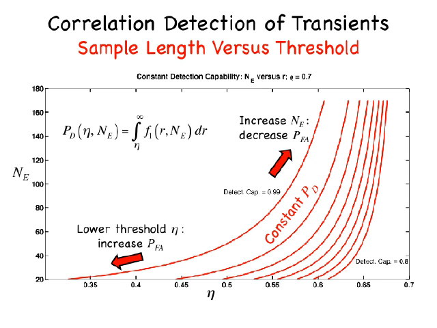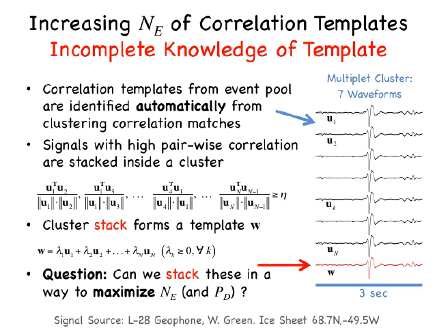The right curves similarly provide points of eta and NE that provide points of reduced detection capability. Moving left to right across each curve decreases the false alarm rates and can be thought of as increasing data length and threshold pairs to maintain detection performance while simultaneously reducing false alarm rates.